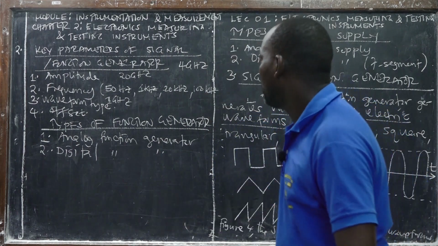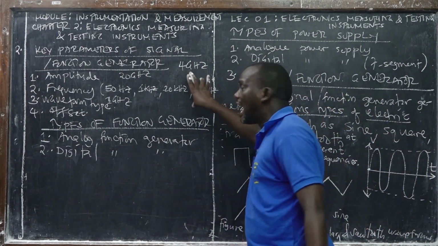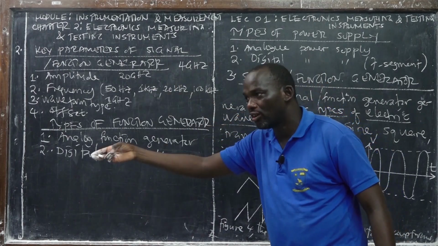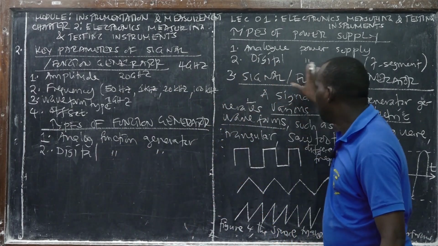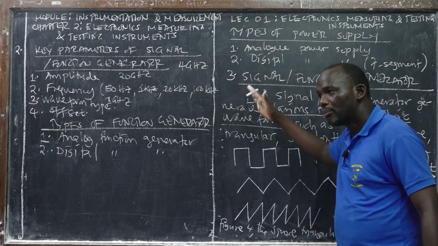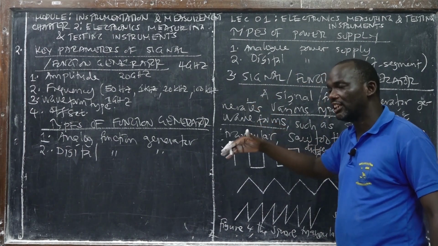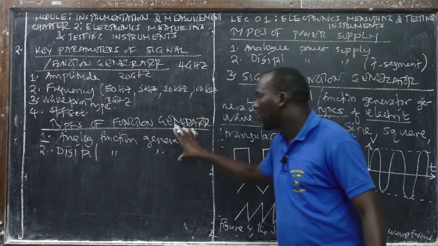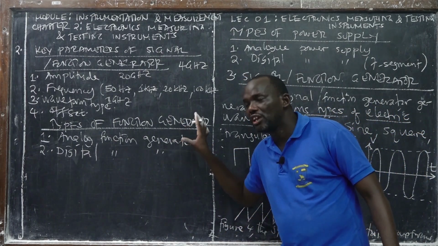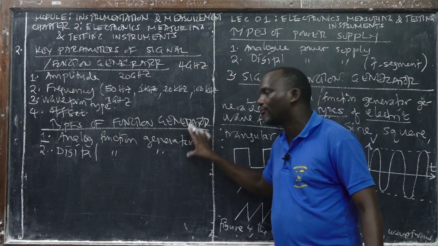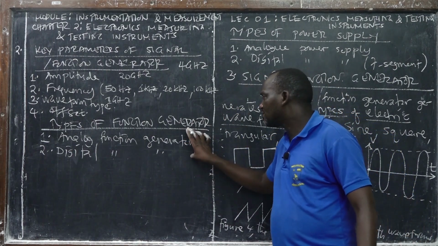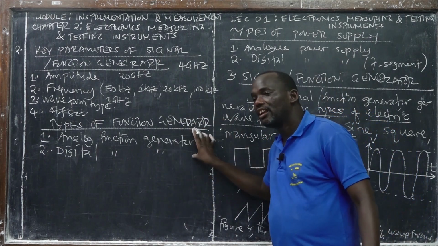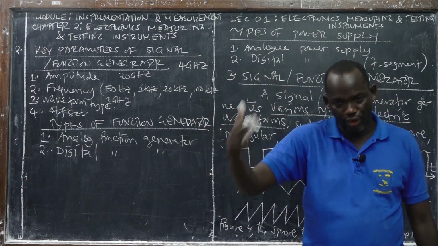Let me repeat lastly. We discussed the analog multimeter. It uses a scale and needle, right? We discussed the analog power supply. It uses a scale and needle to display the reading. But the function generator has neither a scale nor a needle.